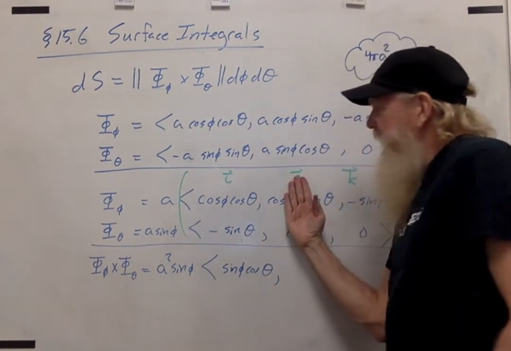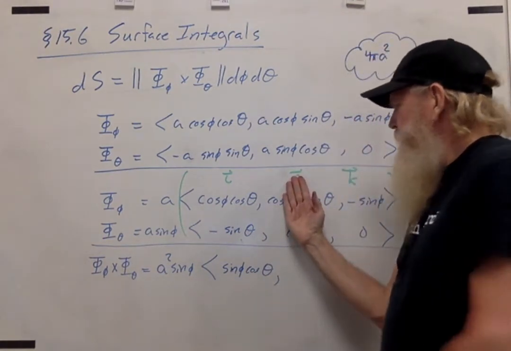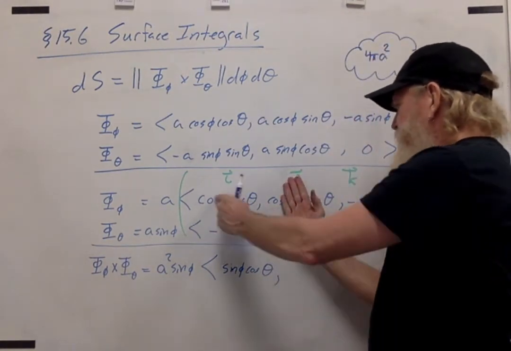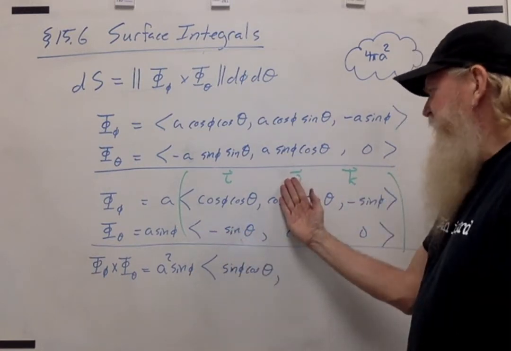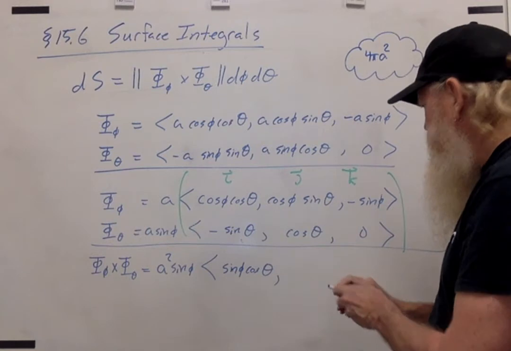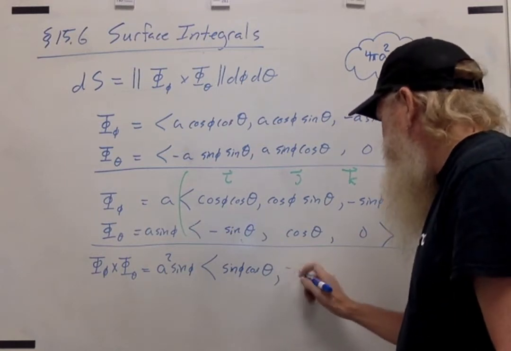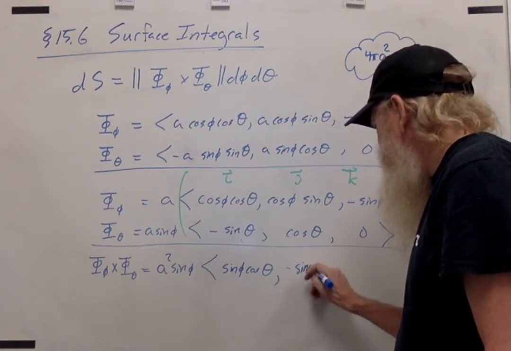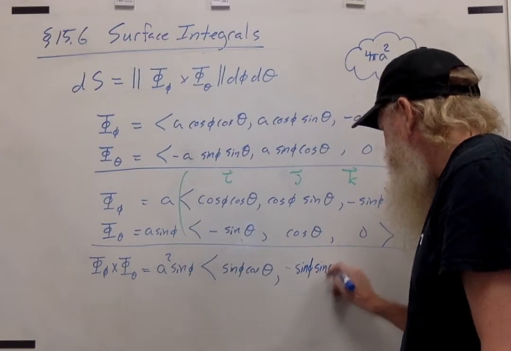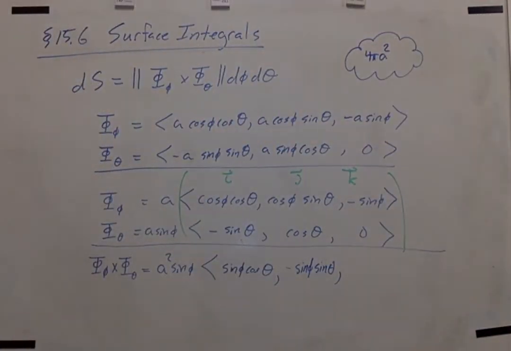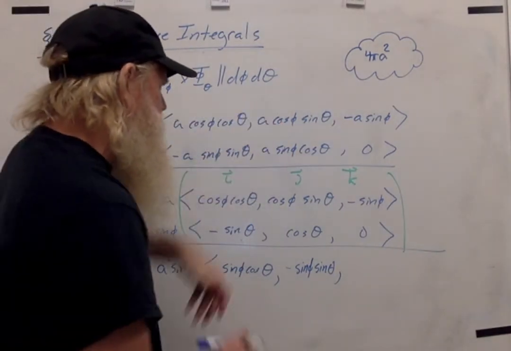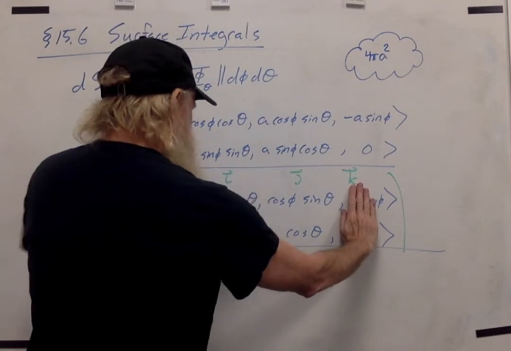In the middle, I have negative j, so that'll be the opposite of 0 plus sine phi sine theta. So that's a negative sine phi sine theta. And in the third component, I knock out this, and I take this determinant.